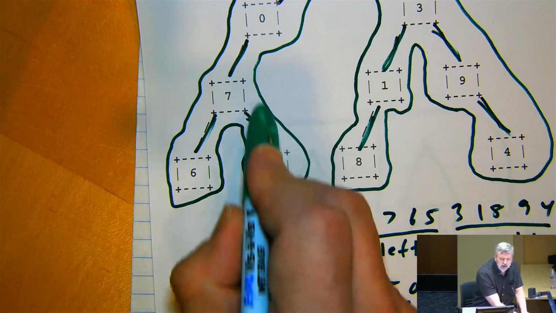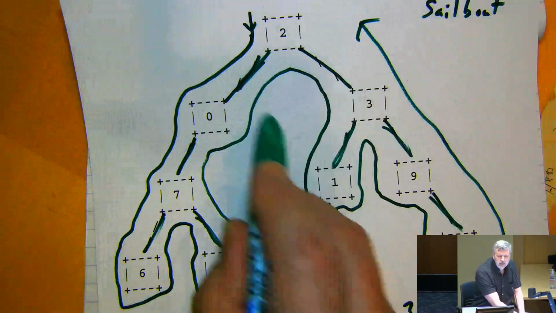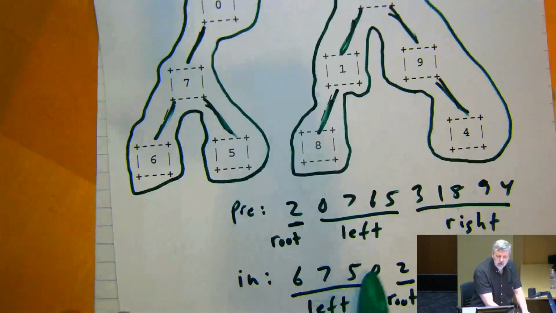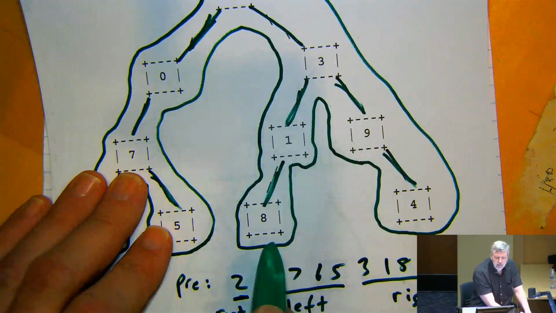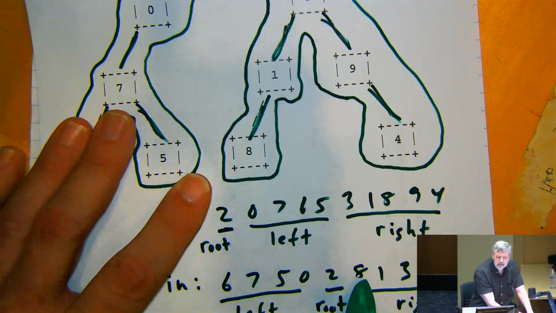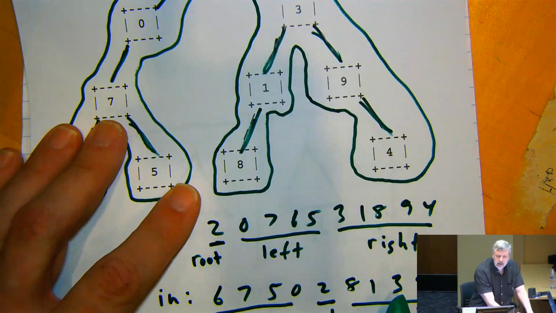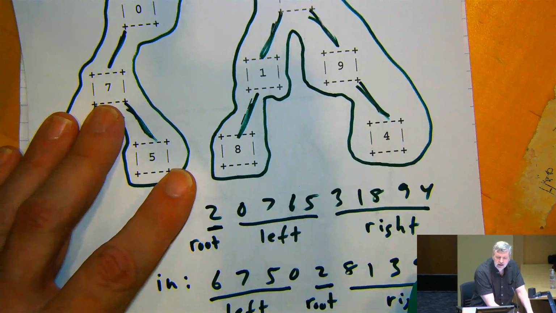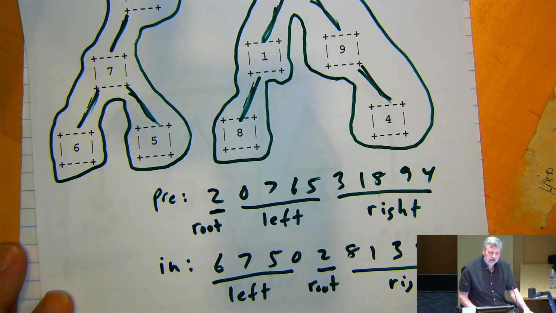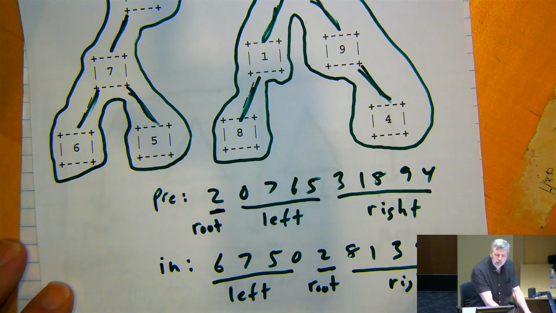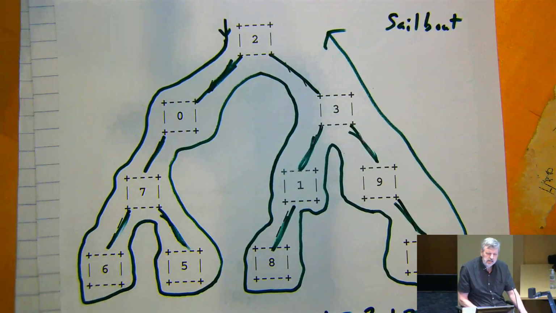And then we come around here and pass under the node with the 0 in it. We come around here and pass under the node with the 2 in it. And then we come back around this way and we pass under the node with the 8, under the node with the 1, under the node with the 3, under the node with the 9, and under the node with the 4. So that's another way of coming up with the traversals. Some people think of this as a cheat.